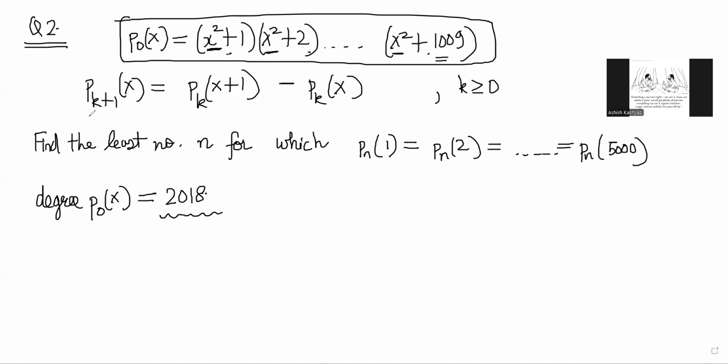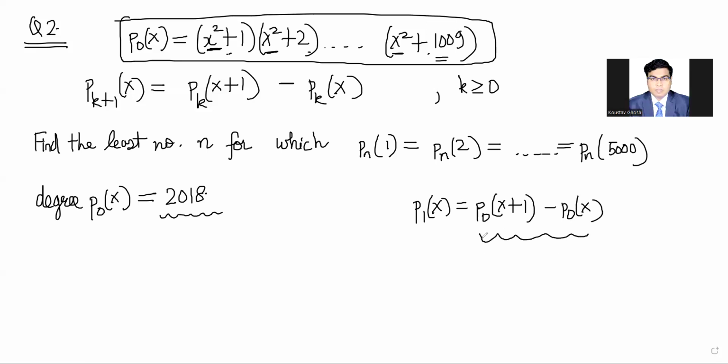Can we figure out the degree of Pk of x? Let's think about that. Fine. So let's put k as 0, for example. You get P1 of x is equal to P0 of x plus 1 minus P0 of x, right? Yes, sir. This is the first result. So it's the difference between two polynomials which have degree 2018, right? Correct, no?